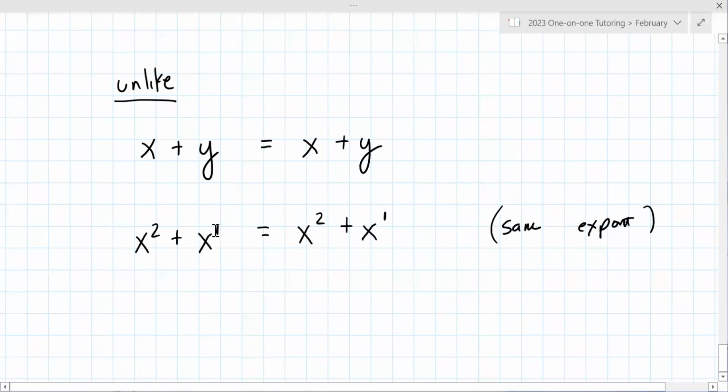So you will see some problems like this coming up, but you have to see these as being different. X squared is different than x. When they're different letters, that's one thing. So a plus b plus a times b, these are also all different.